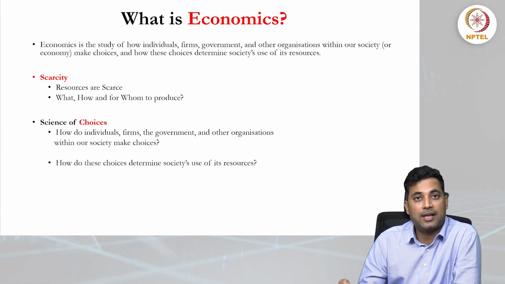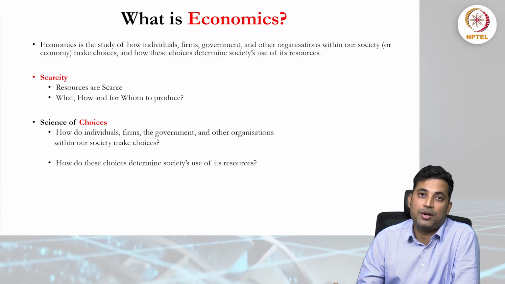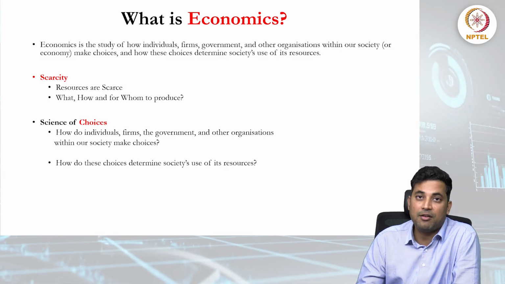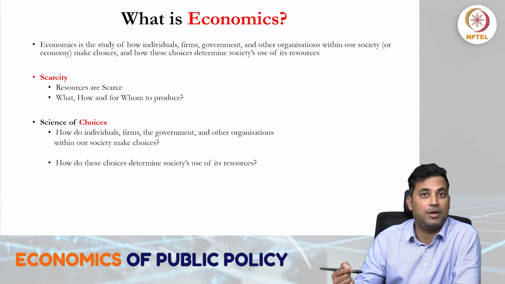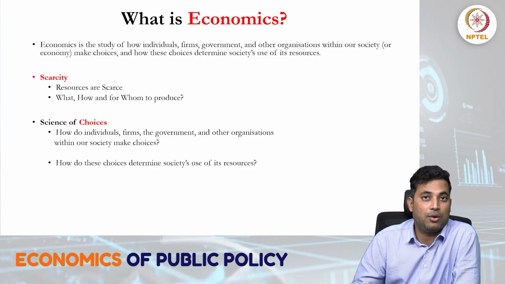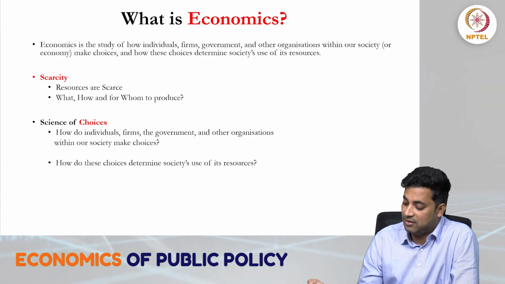For students, the decision has to be whether to study more or go for a movie, for instance, or play video games. The government has to decide how resources are to be allocated between social infrastructure or physical infrastructure.